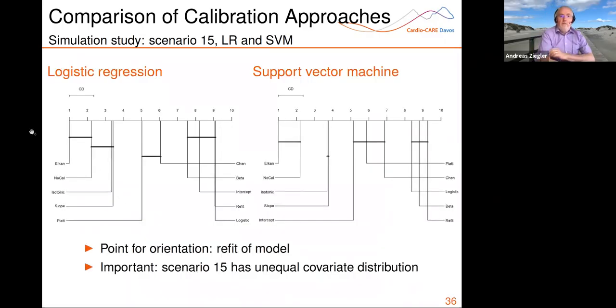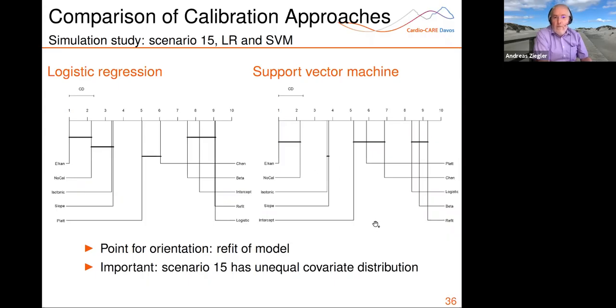You can summarize this result by looking at the critical differences plot here. And actually this figure tells you for scenario 15 something very similar. The best approach seems to be logistic calibration, and refit is very similar, so there's no significant difference between them. Intercept calibration is close, beta calibration is close, and all the other calibration approaches are definitely further away.